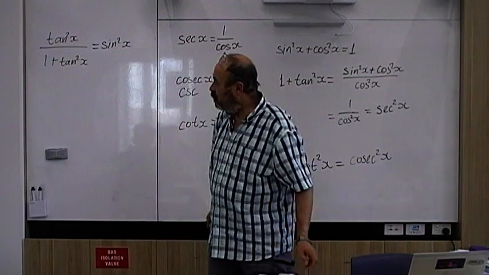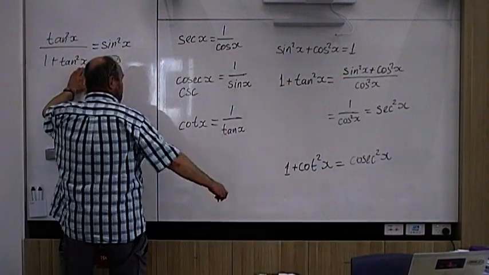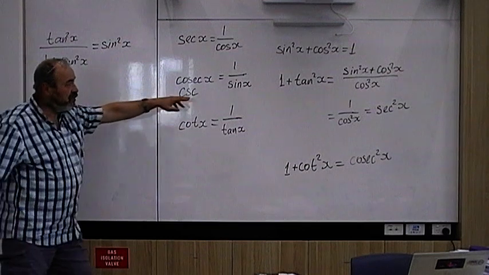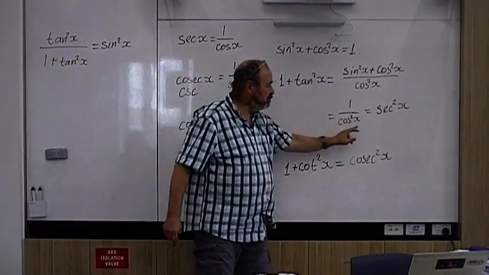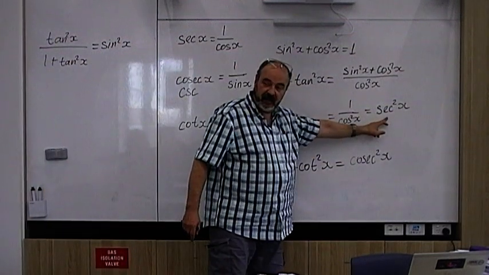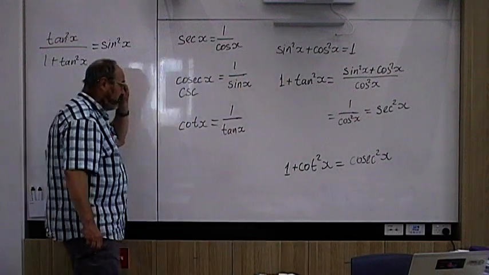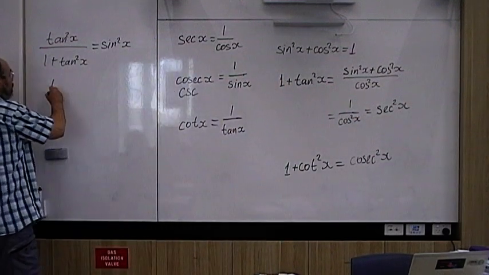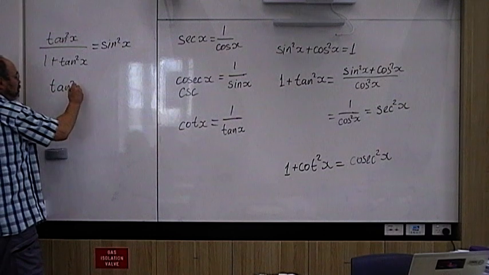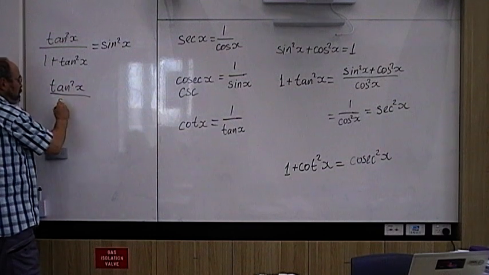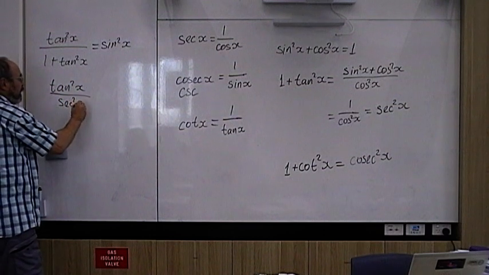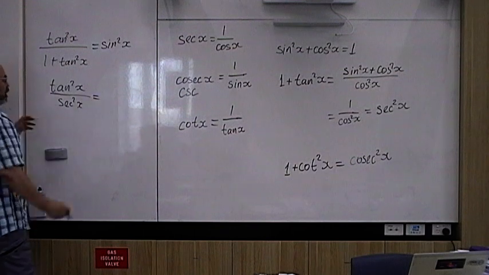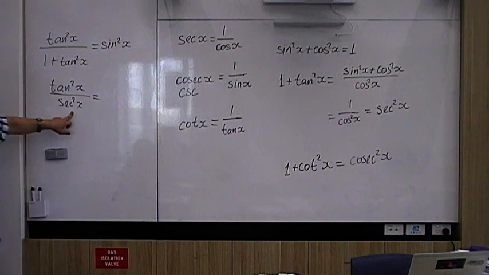So what will we do? We already know 1 plus tan squared x equals secant squared x. So we have tan squared x over secant squared x. Secant squared is 1 over cos squared, and tan squared is sine squared over cos squared.